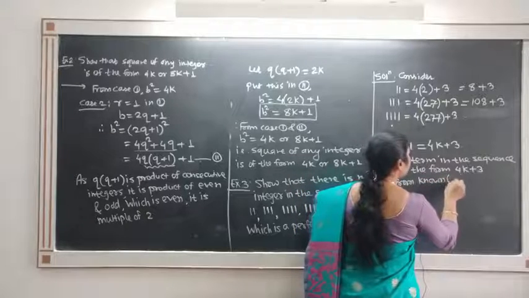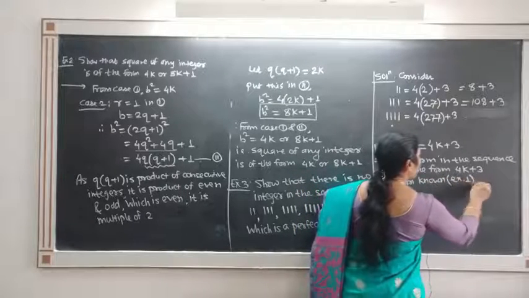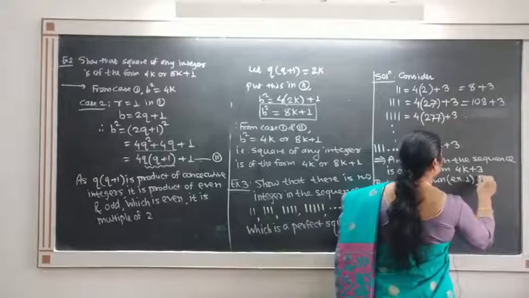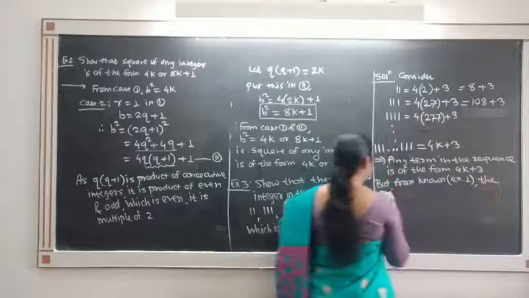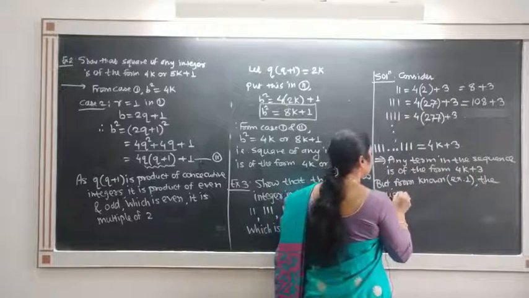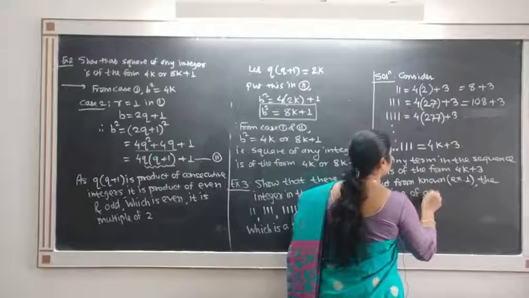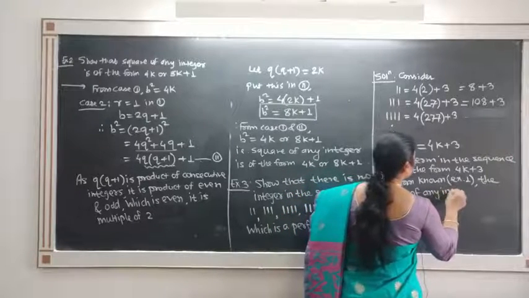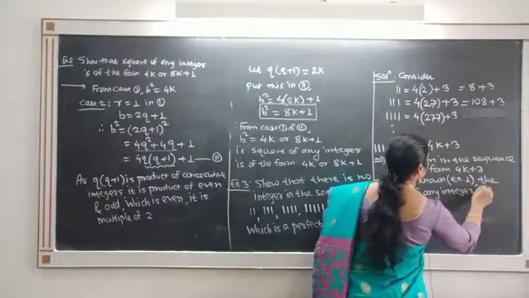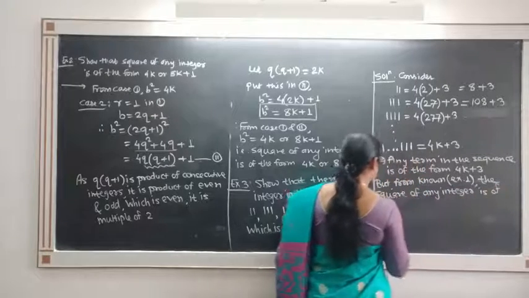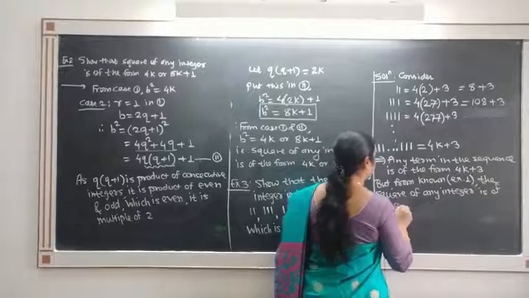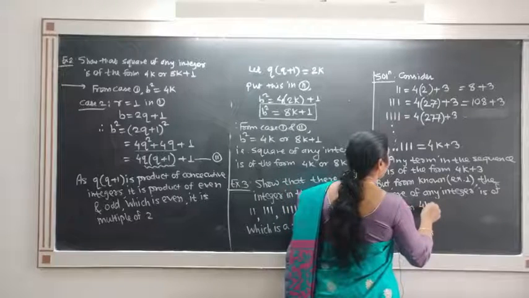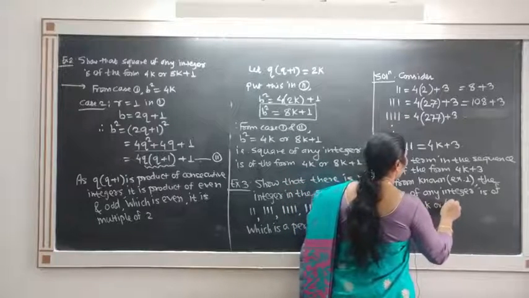Here, our example 1. We know that the square of any integer is always of the form 4k or 4k plus 1.